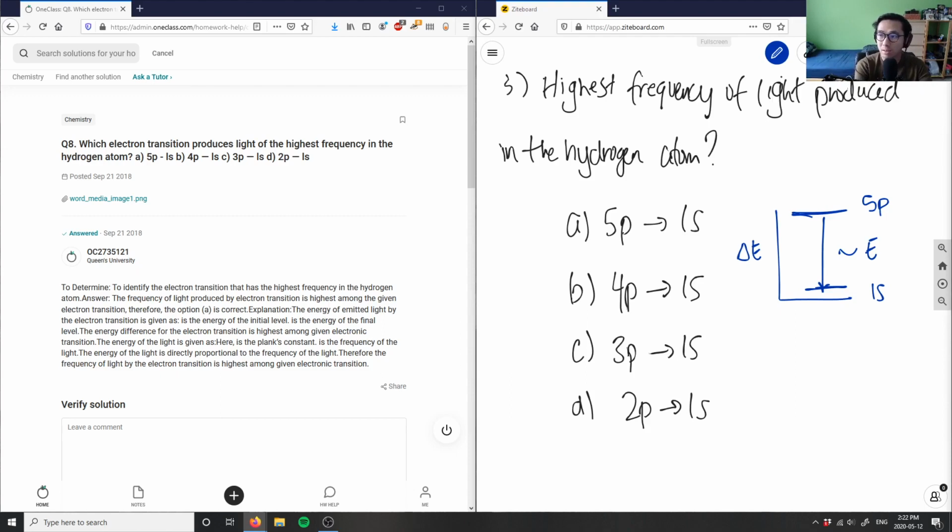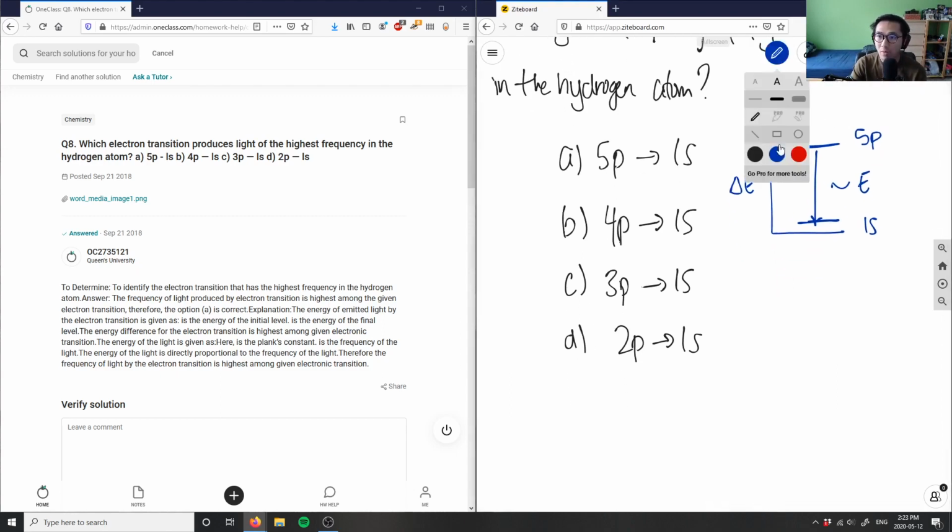Let me bring you back and recall that we have a couple of equations that we know. We know that energy E equals hc over lambda, meaning that our energy equals Planck's constant times our speed of light, divided by our wavelength. Again, h here is our Planck's constant, c here is our speed of light.